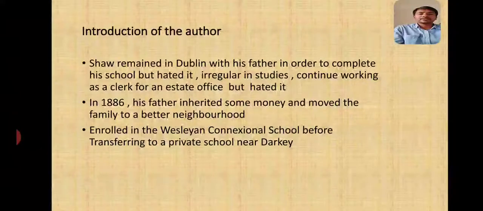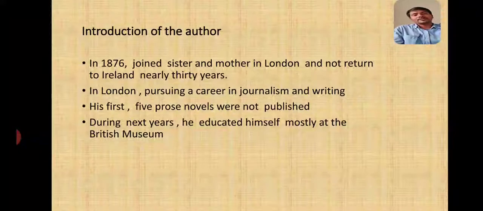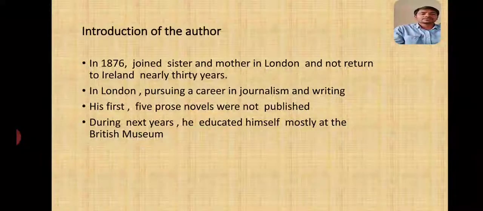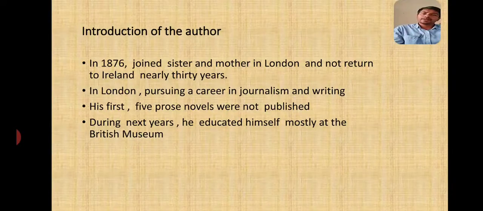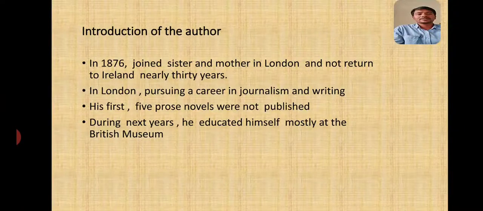He enrolled in the Wesleyan Connexional School before transferring to a private school near Dalkey. In 1876, he joined his sister and mother in London, and he did not return to Ireland for nearly 30 years.